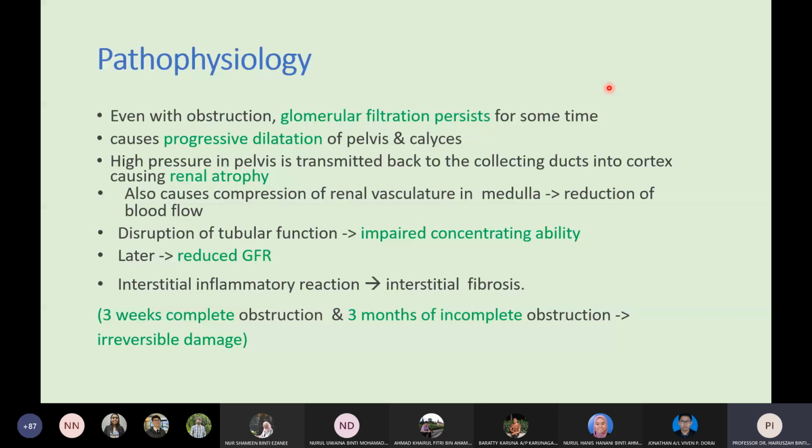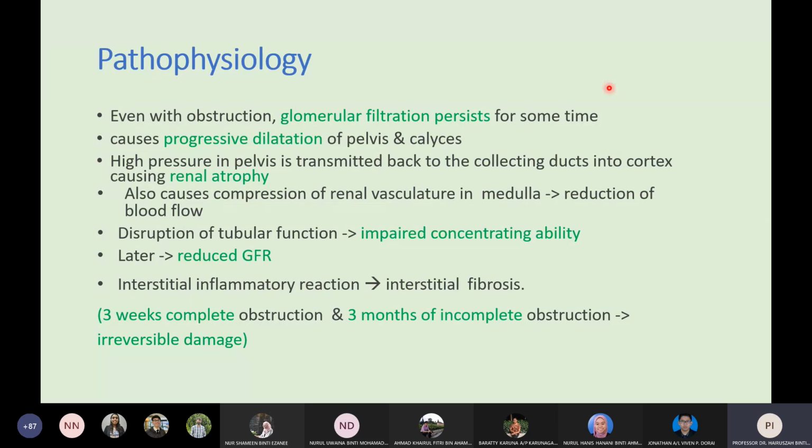So all the blood vessels, arterial and venous, will be compressed, and that will lead to reduction of blood flow. Disruption of the blood flow will impair the tubule function, which is to concentrate urine. So there'll be inability to concentrate the urine, and later at the end it can lead to reduced GFR. No urine is being produced.